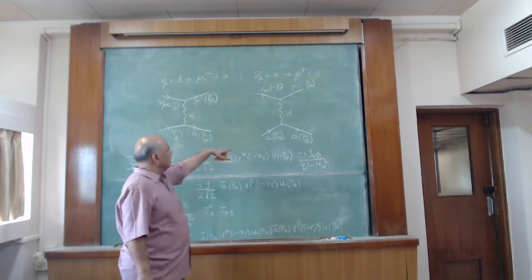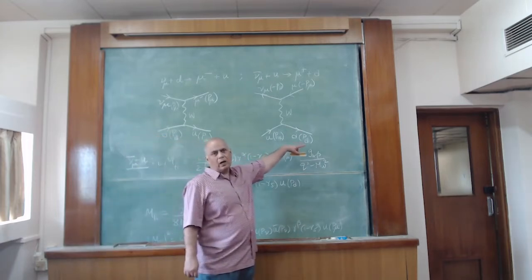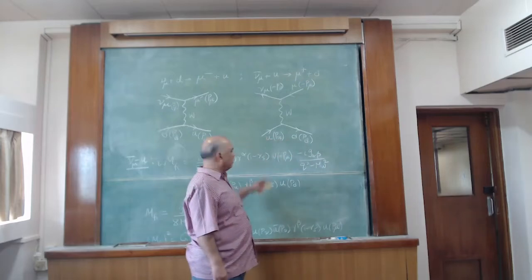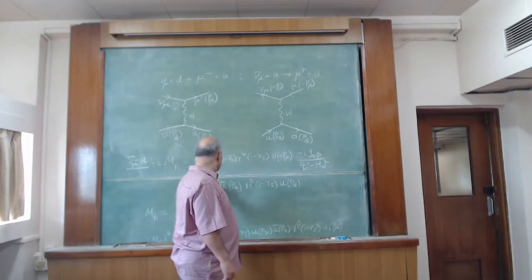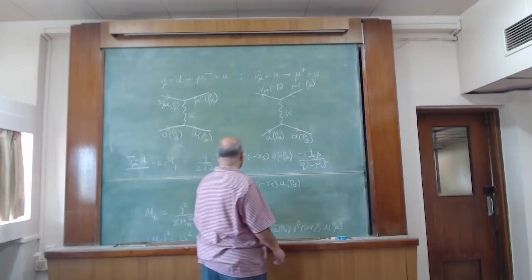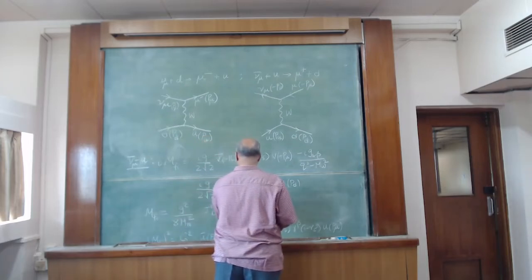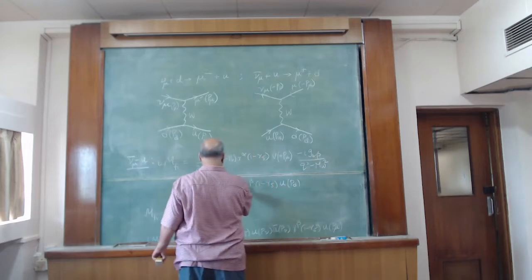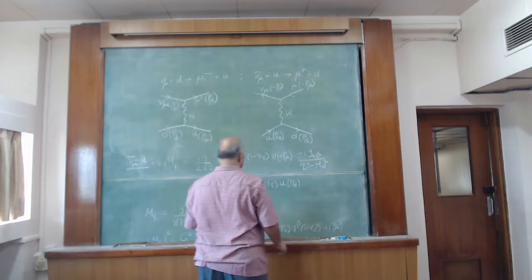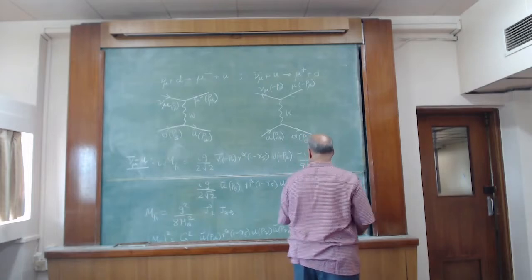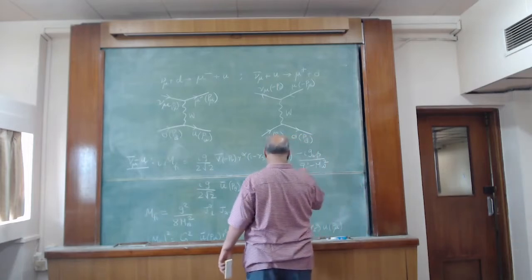And here these are particles, an outgoing and an incoming. So this is U bar PD and U PD.